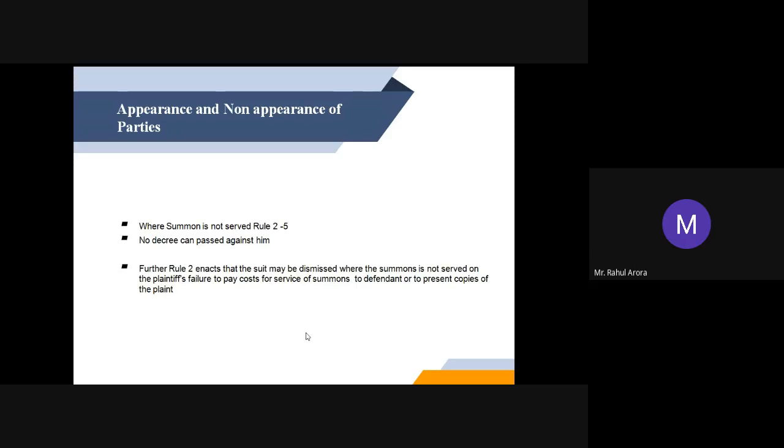As such, he would be barred from filing a fresh suit.